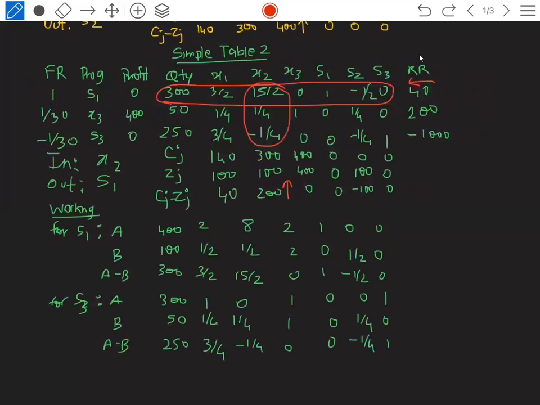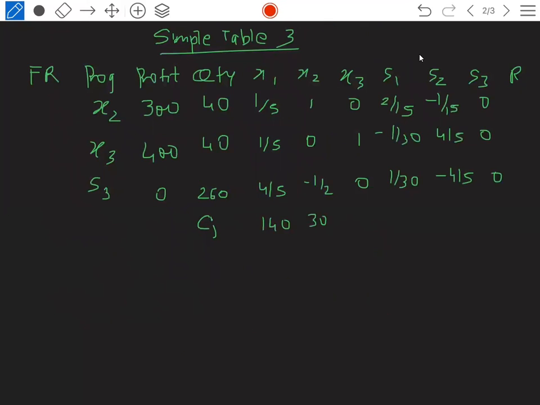Then we have got Cj, which continues to remain the same, 140. Then what was Cj for x2? It was 300, 400, 0, 0, 0. Then you calculate Z. You will find this to be 140, 300. Zj is simply the profit multiplied by these numbers: 300 into 1 by 5 plus 400 into 1 by 5 plus 0 into 4 by 5.